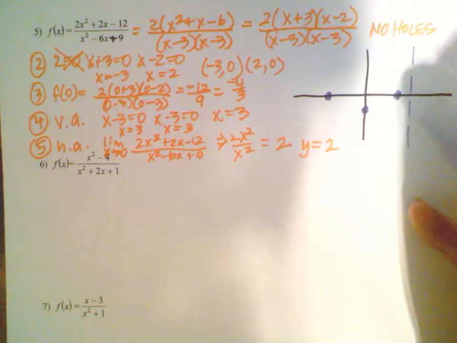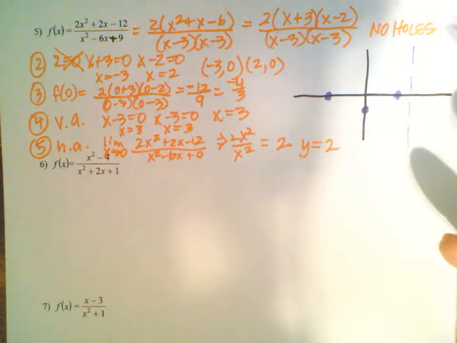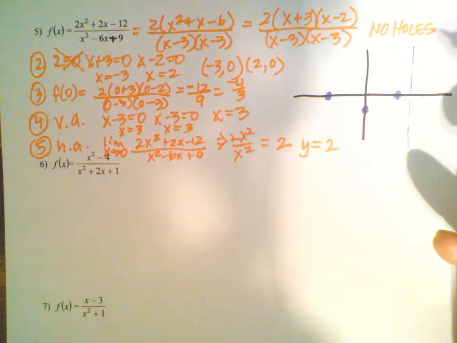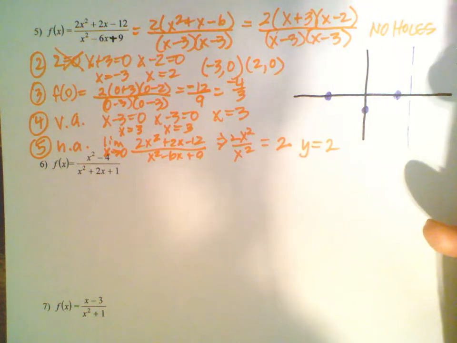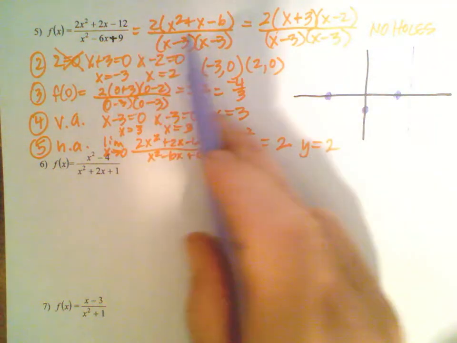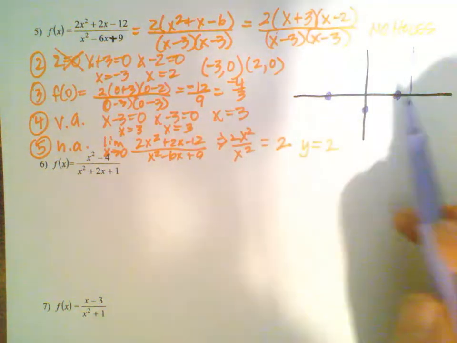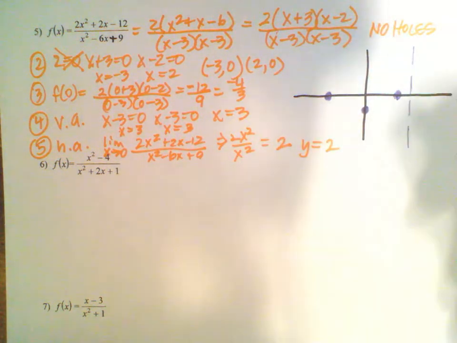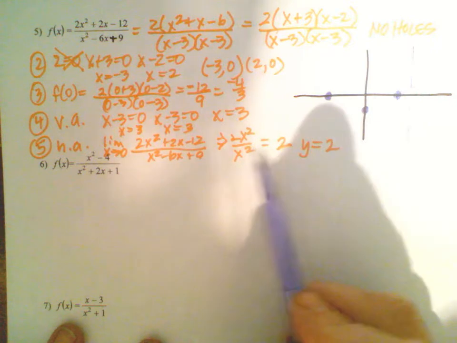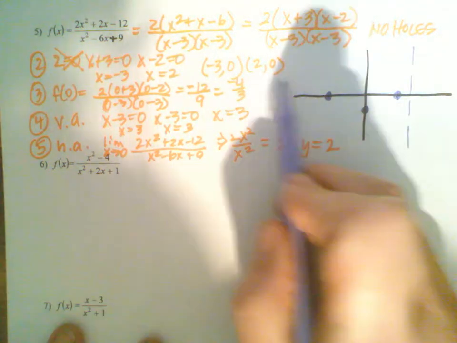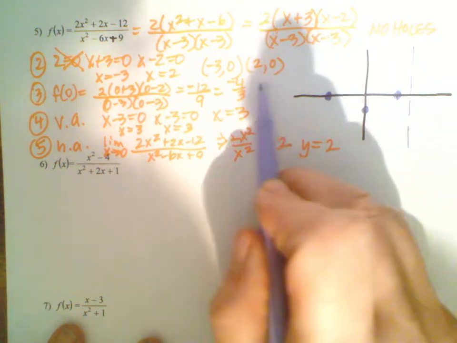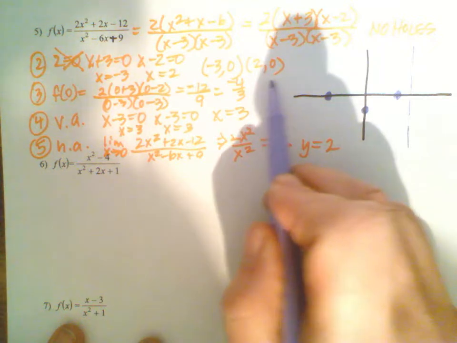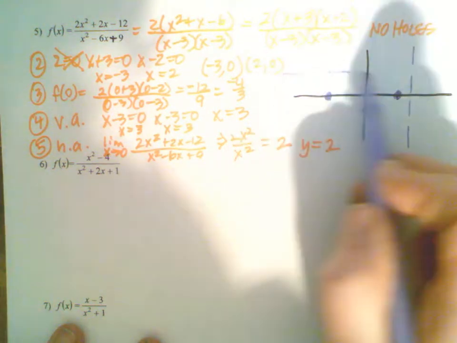That's the only one I have. Let's see, what else do I have? So +3 minus 2. Okay. And then I have my other guy over here at y equals 2. So that's up here.